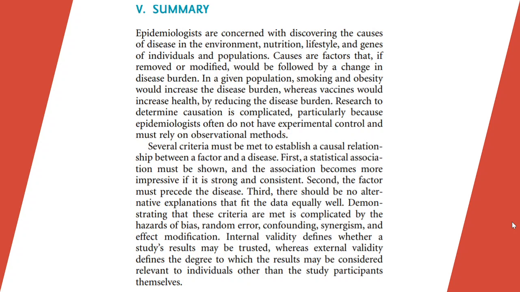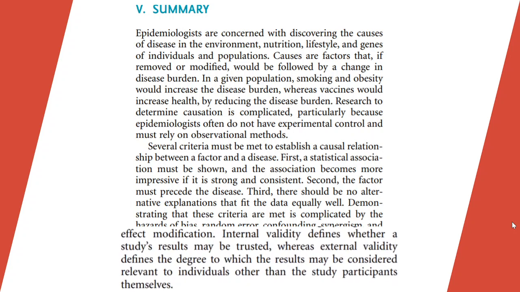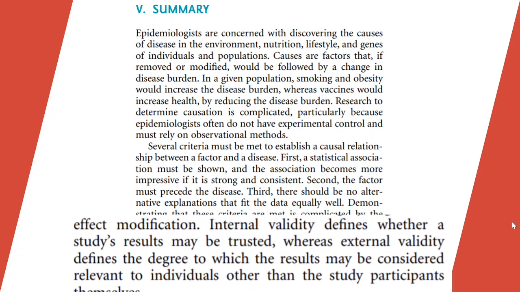So this is just a summary of all that we have discussed. I will not read it one by one, but there is something I want to emphasize. Now, in causal research, validity should also be present. And we have what we call internal validity, and also what is called external validity.